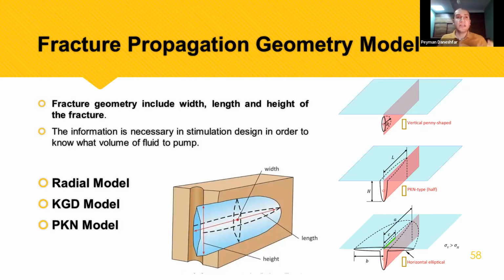All software on the market uses some of these basic fracture propagation geometry models. For the radial model, we can find some formulas that help us find the width of the fracture.